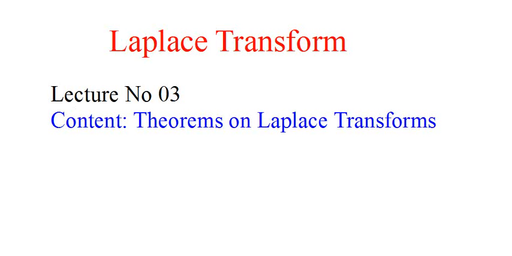The first property, or you can say the theorem, is how to find the Laplace transform of the derivative of a term. Suppose L of f of t is F of s.